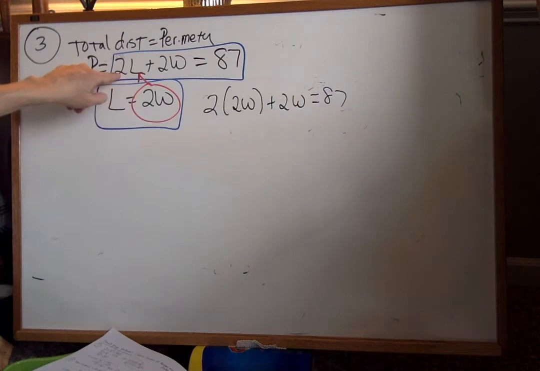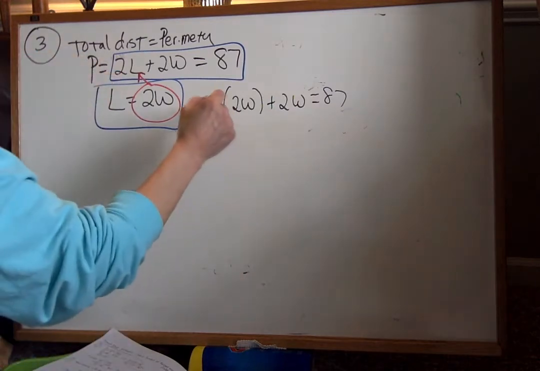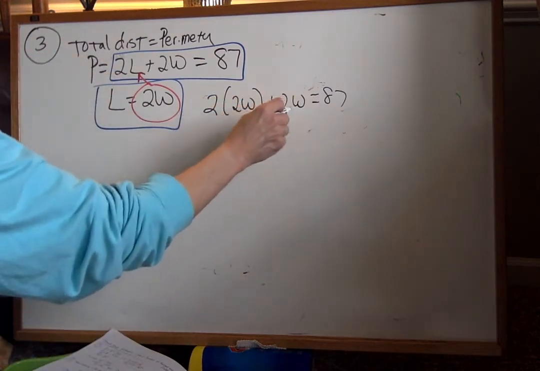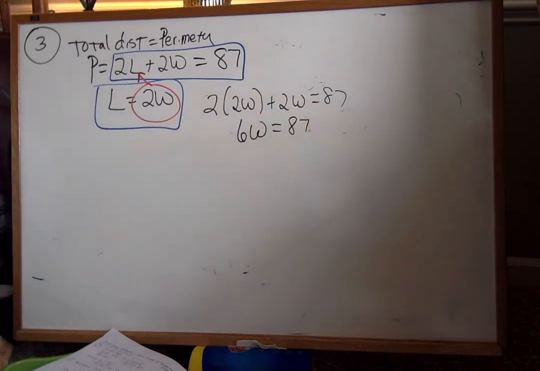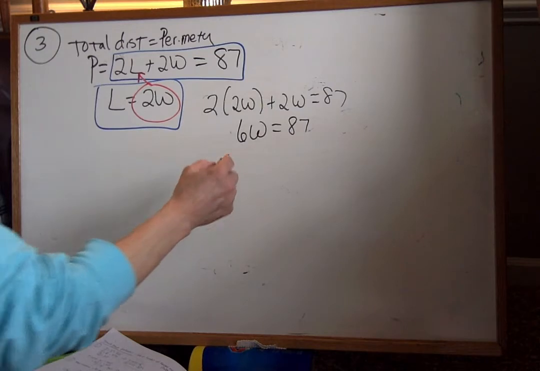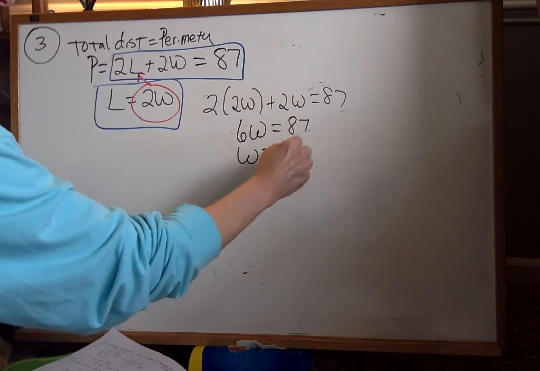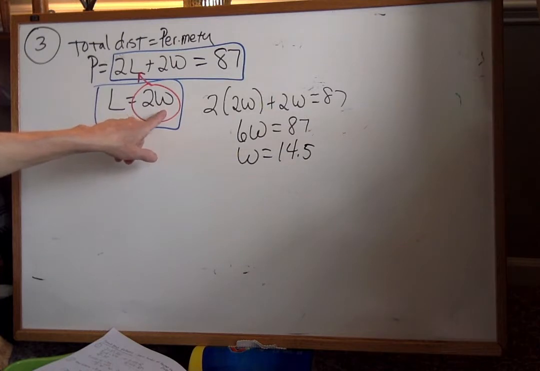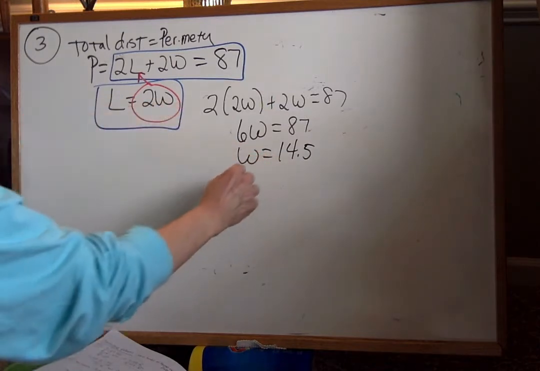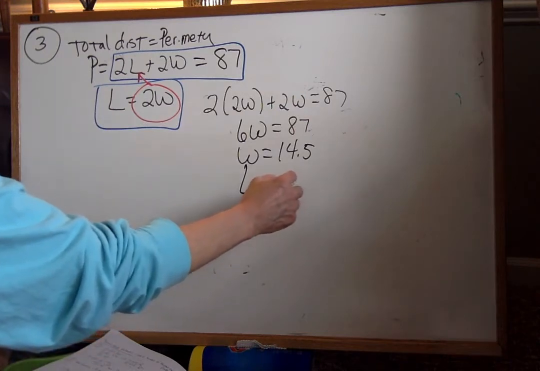I forgot to carry my 2. 4W plus 2W, 6W equals 87. So W is 14.5. If you put 14.5 back into here, 2 times 14.5, you'll get that your length is 29.